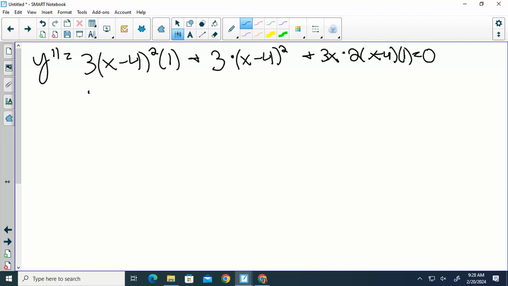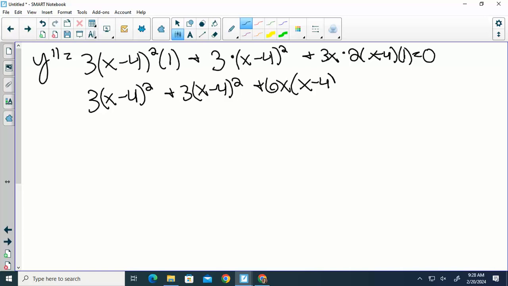So then that leaves us x minus 4, plus 6x times x minus 4, equals 0. So again, we can factor out an x minus 4.